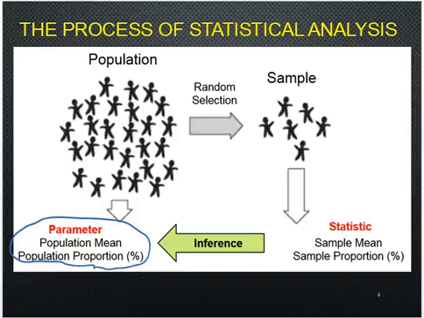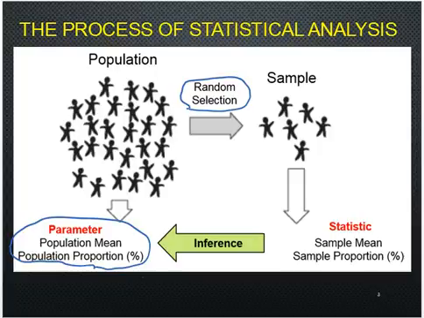But what you can do is obtain a sample of the individuals from the population, and you do that hopefully, and not always, but hopefully through some random selection process. So this would be called a random sample if it's selected via some random process. From that sample, you calculate the statistics.